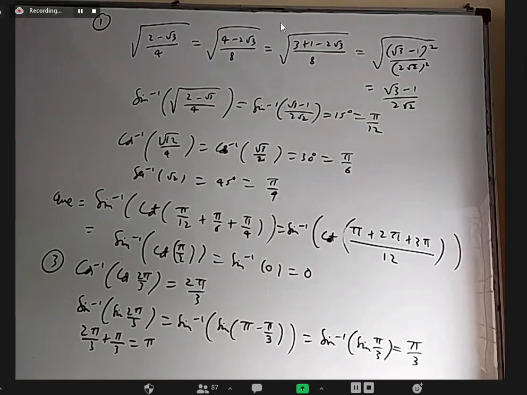Okay, fifth question is also a routine formula. Just x equal tan theta will give. Only thing is that for what x values it is okay.